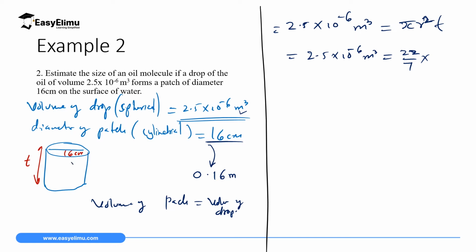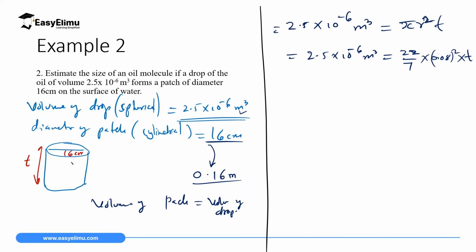The diameter is 16, therefore the radius will be 0.08 when we convert it to meter. If you divide 0.16 by 2, it will be 0.08, then squared, times T. The T is the one that we are looking for.